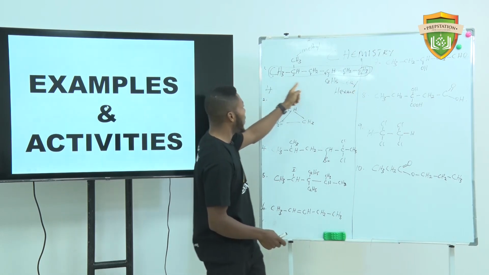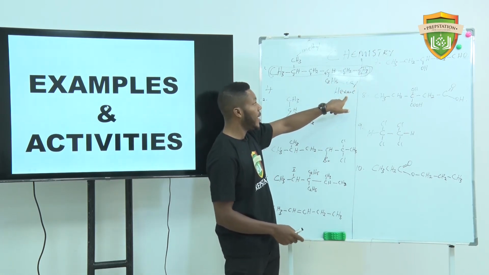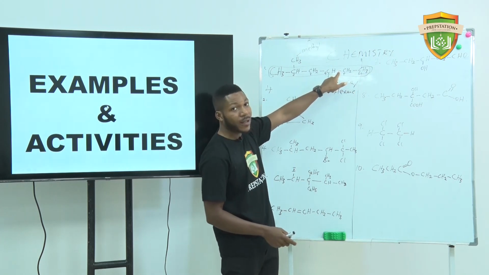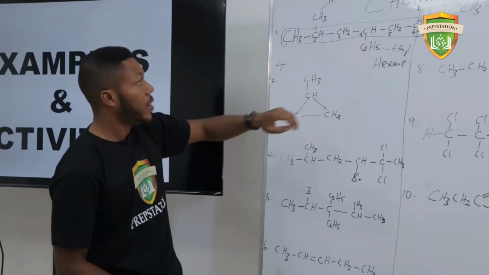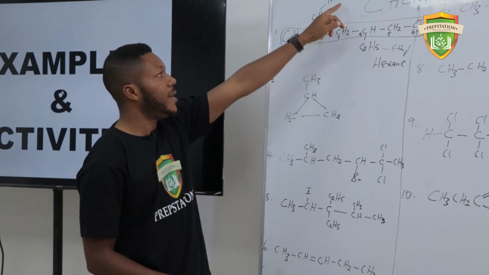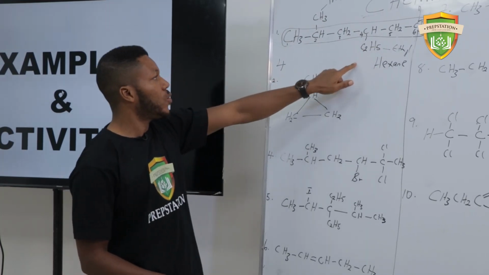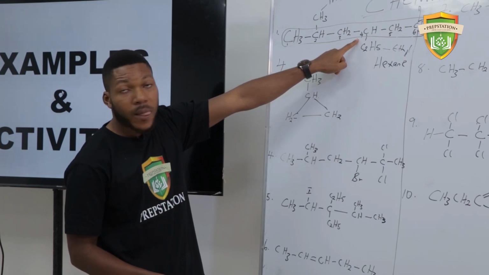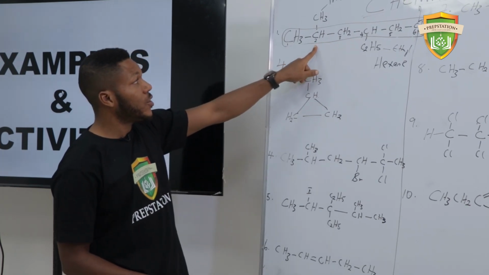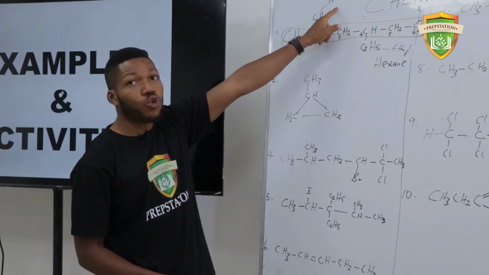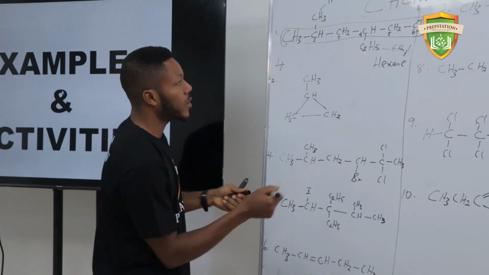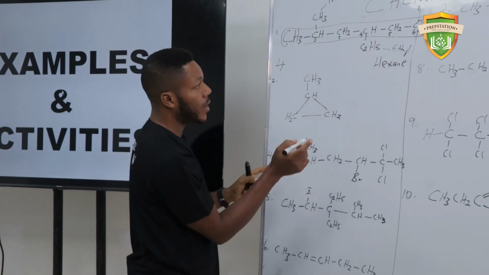We have really gotten our parent hydrocarbon, which is 6, hexane, because it belongs to the alkane functional group. All right, so we have 2 substituents, methyl and ethyl. But ethyl is attached to carbon 4, whereas the methyl is attached to carbon 2. So you start with the ethyl. Which carbon atom? 4.